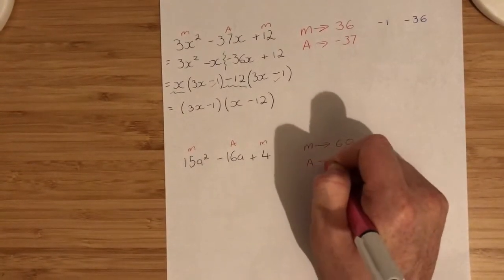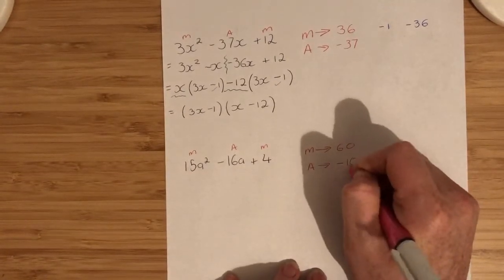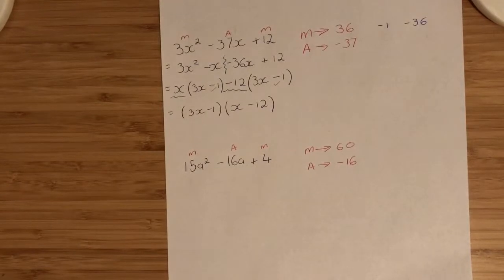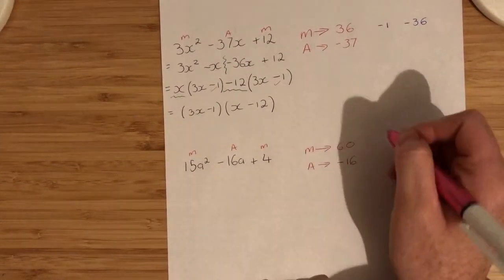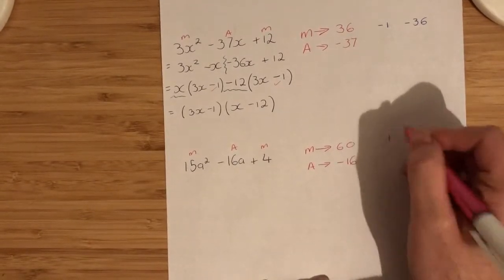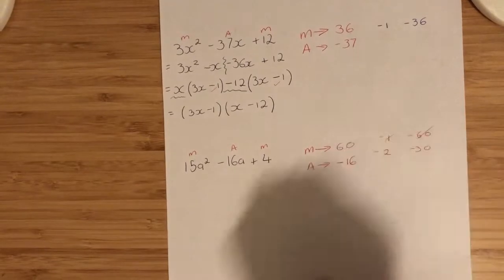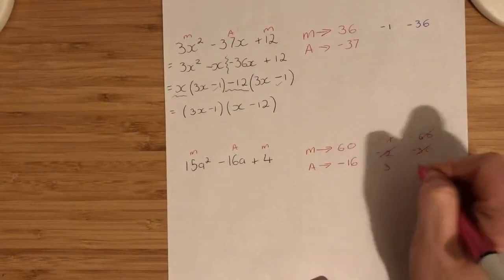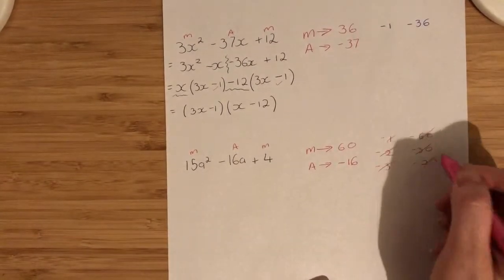And we're adding to a negative 16. Okay, so writing out these factors. 1 and 60, if we do that, that's not right. 2 and 30, they're not going to get us to minus 16 either. 3 and 20, and both negative, of course.